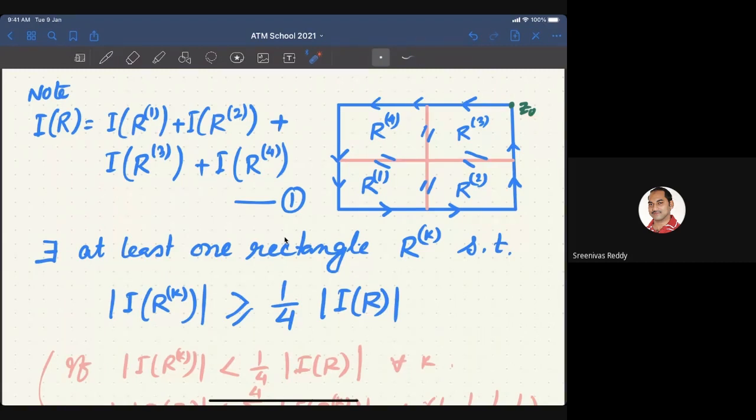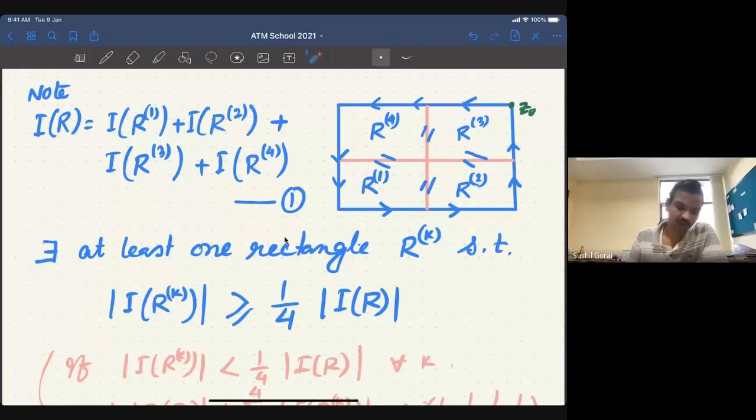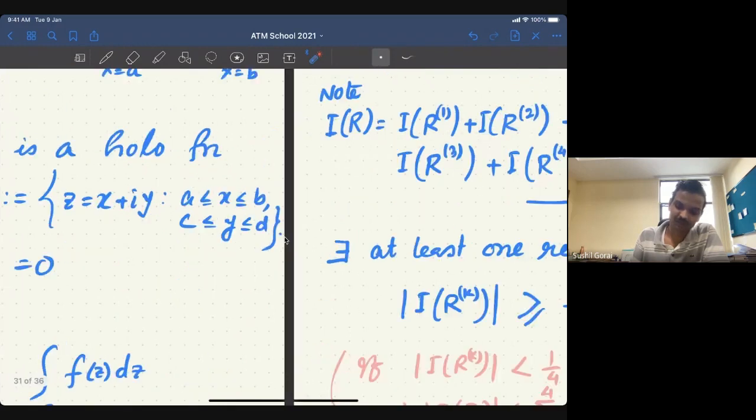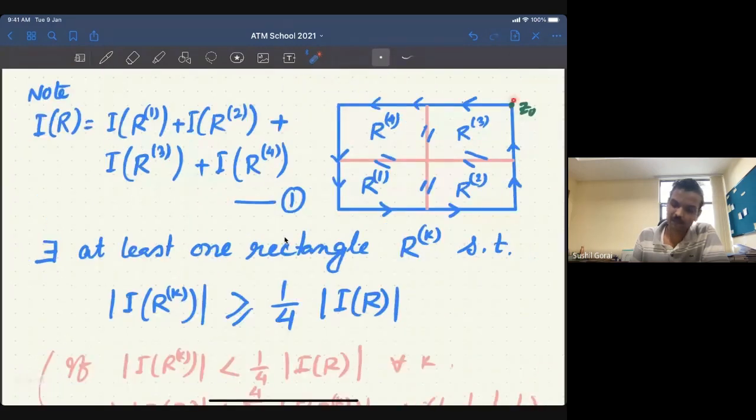Our taken rectangle is closed and bounded. But what is the assumption? The assumption is a neighborhood of R closure. So this neighborhood is very much important. For example, if this z0 lies in the boundary, you need a neighborhood here, but it is holomorphic. Thank you. Right? Okay.